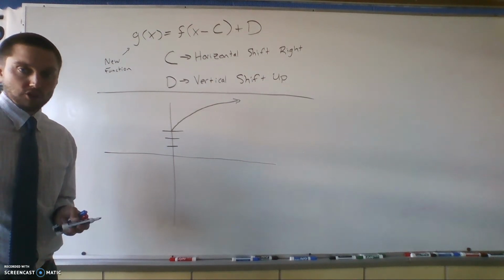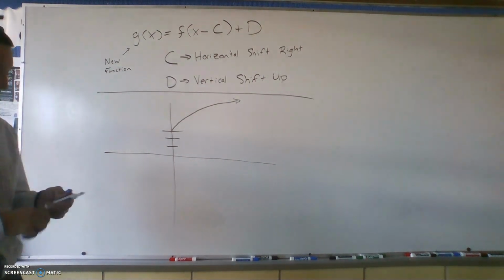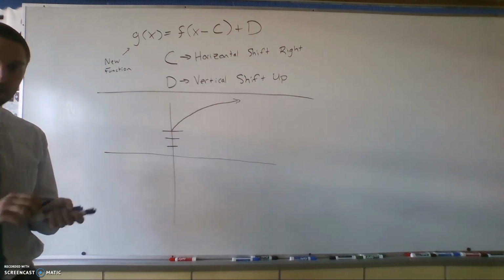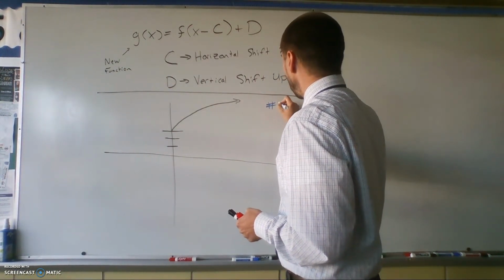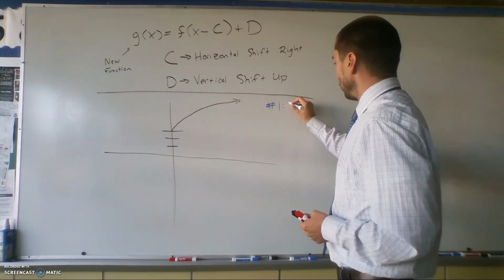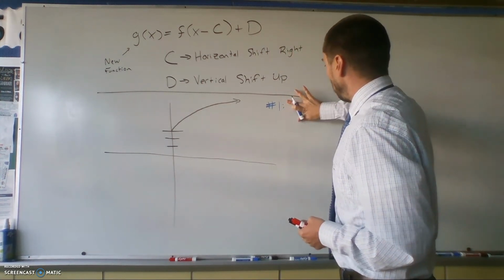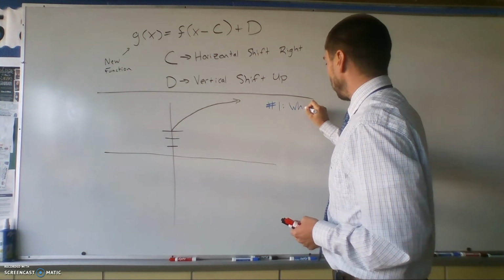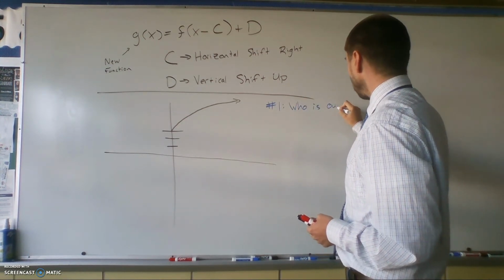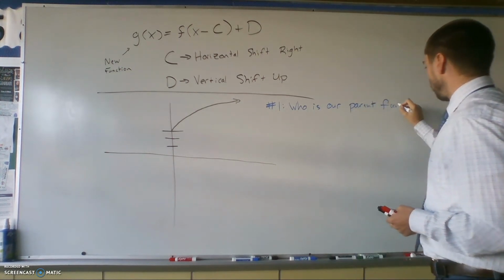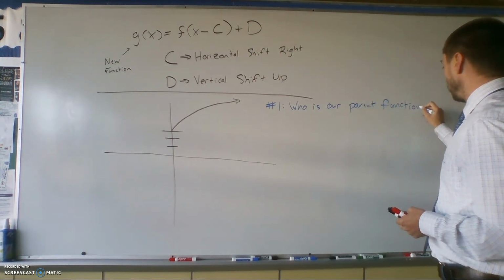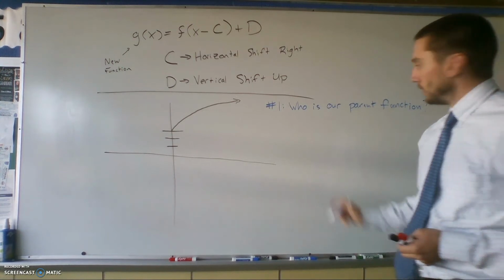I want you to tell me the equation. When we do this, we have a few steps that we have to think about in our head. Step number one is we always have to ask who is our parent function.